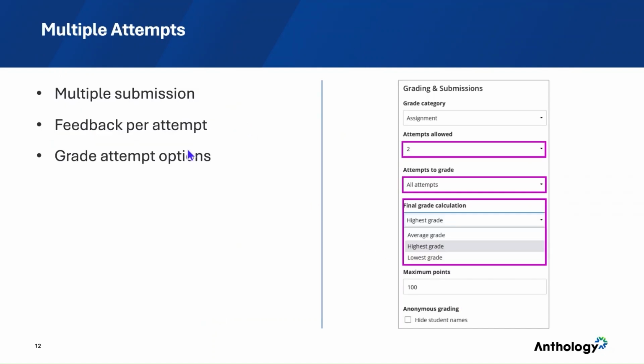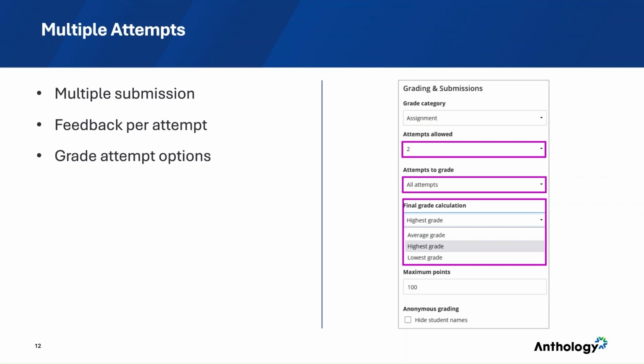If you're selecting that your assignment will have multiple attempts, that's great because you're helping learners stay on track. You can also allow submissions for multiple drafts for credit or improvements. And also this enables feedback at each stage of mastery demonstration.